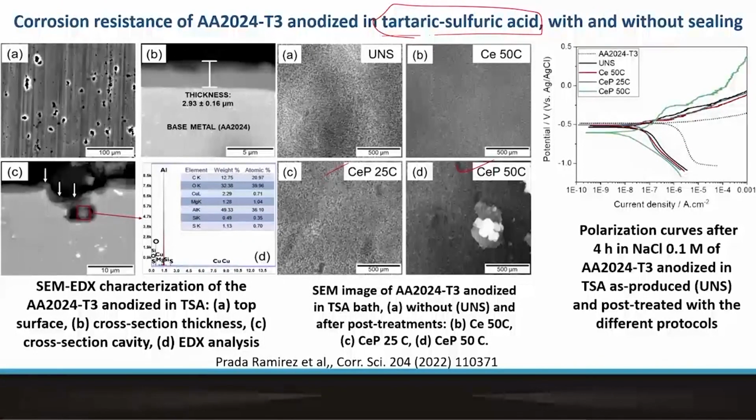As we can see, in the untreated condition, we have a larger, faster rate of dissolution compared to the case where we have cerium nanoparticles present in the bath, and they form a coating onto the surface alongside anodizing or surface oxidation. So that gives us more protection.